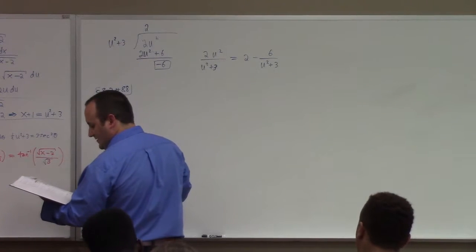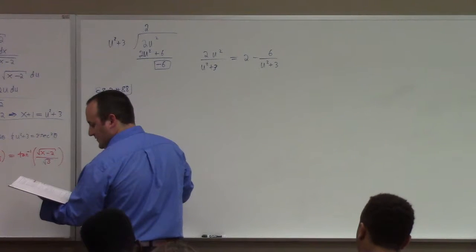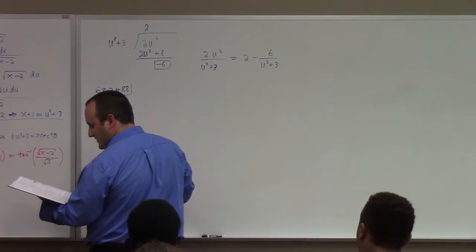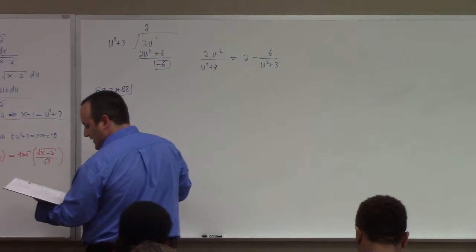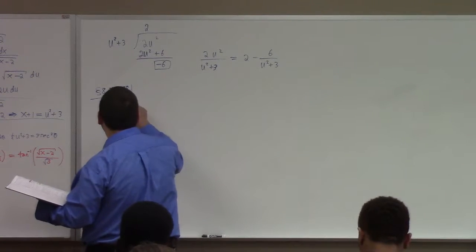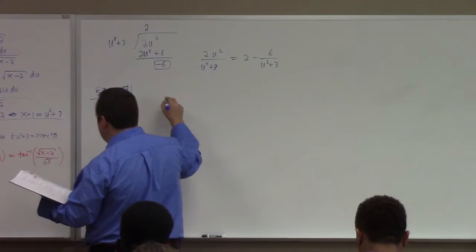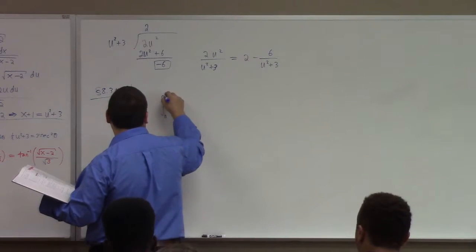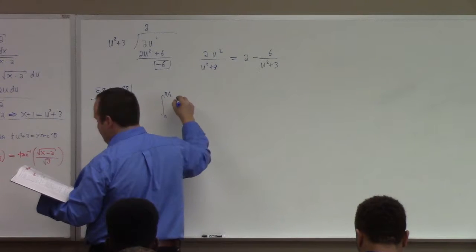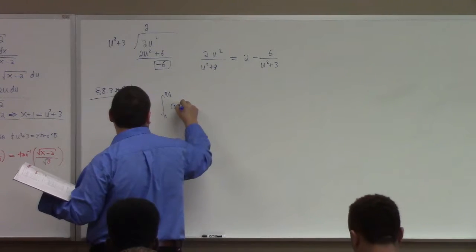Ooh, it stinks that these are only from 0 to pi over 2, right? I'm just going to focus on A. I will foolishly attempt to do A with you guys. 0 to pi over 2, the nth power of cosine.